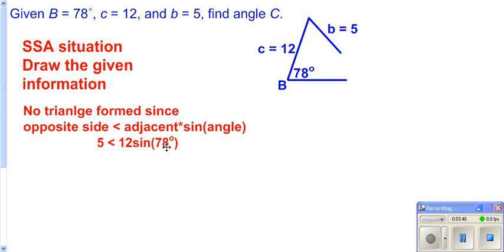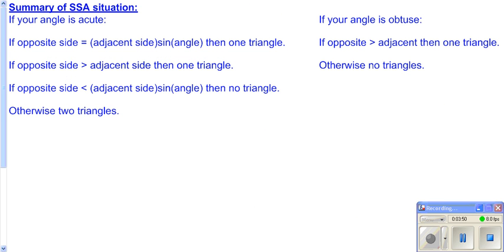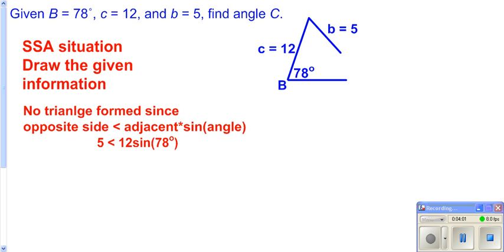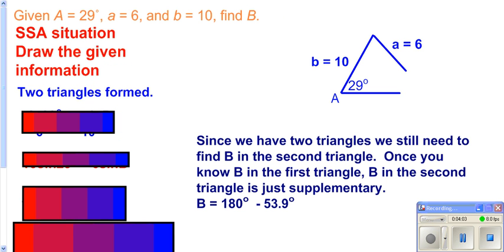When you type the right side in, it's larger than 5, so it's no triangle. We know that because when our opposite side is less than the adjacent side times the sine of our angle, which is what we just did, it says no triangle. If it's no triangle here, we can't solve it, so we go on to the next problem.